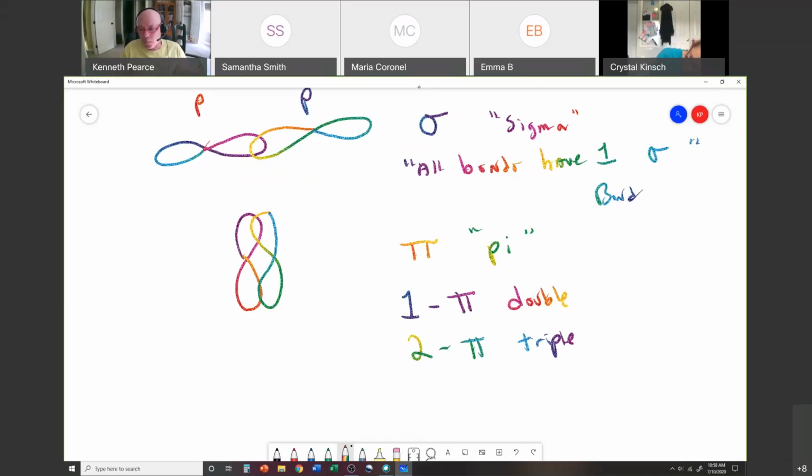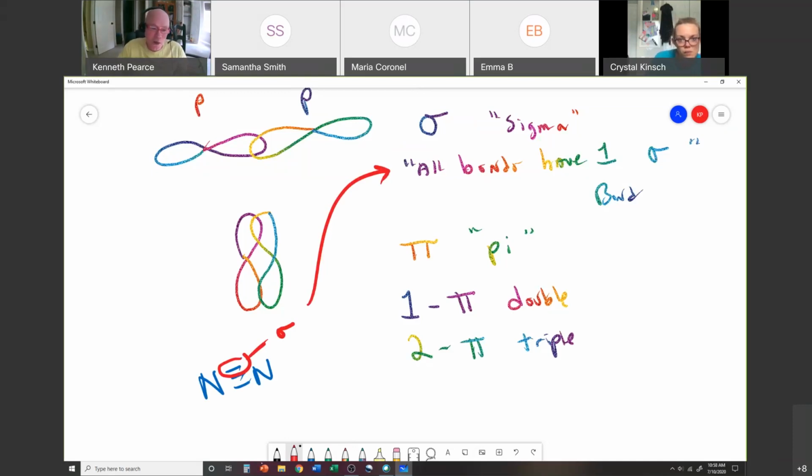Now look, if it's a triple bond, like here, you may be saying to yourself, well, why doesn't it have 3 pi's? Well, look, the first one is your sigma. Remember what I said? All bonds have one sigma.